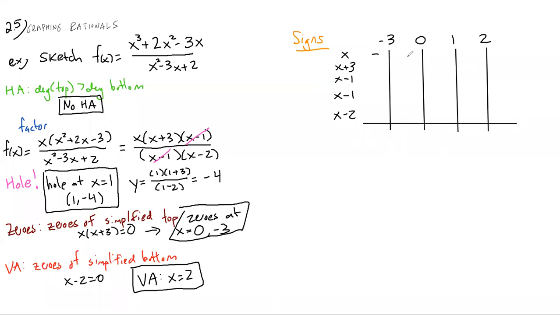And so x is negative until 0, and then it's positive. x plus 3, we'll switch over at negative 3. x minus 1 switches over at 1. And then, of course, x minus 1 is the exact same thing, so it's going to do the exact same thing.